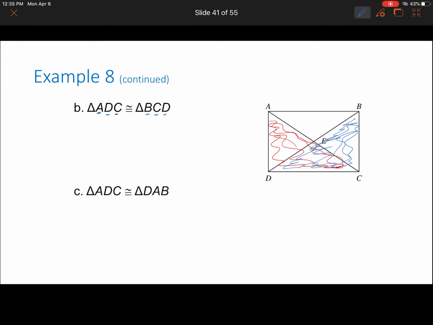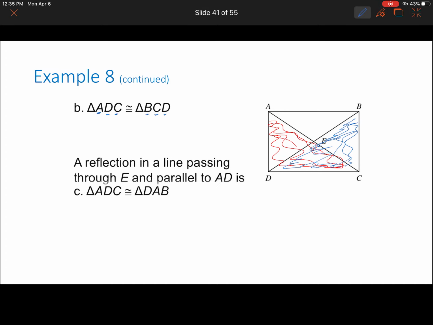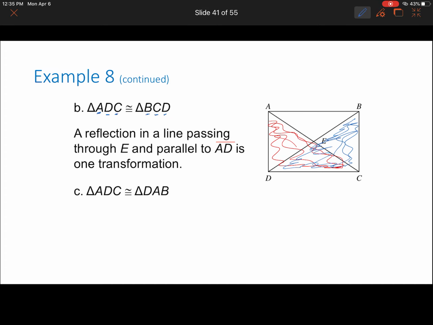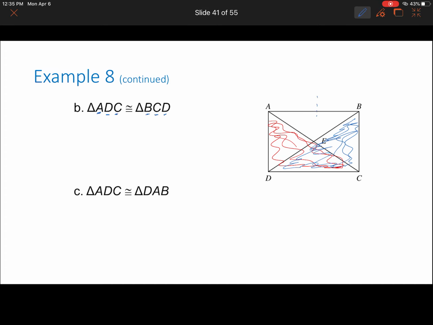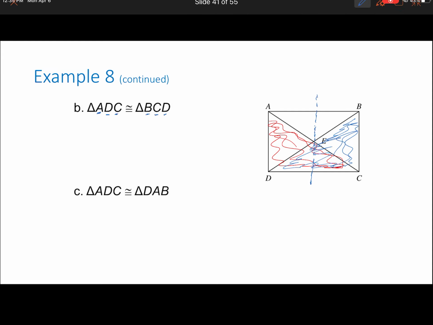So the only way that we make the triangle in blue be the triangle in red, or vice versa, is to reflect it. We reflect it along this line that goes through point E and is vertical. If you flip one of those triangles across that line, you get the other triangle.